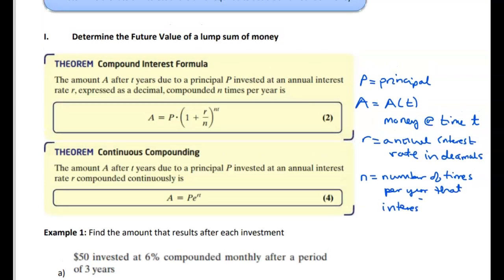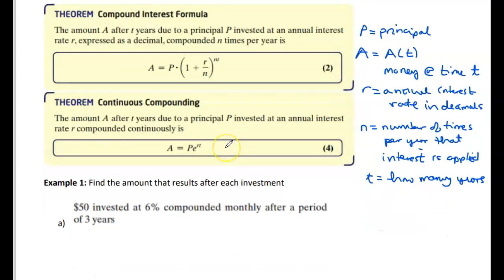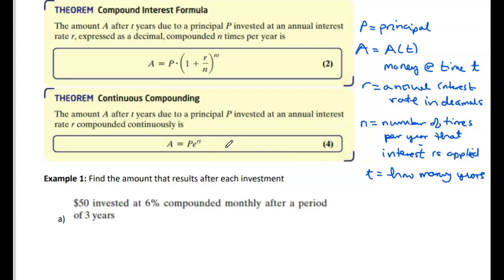Interest being compounded means it's applied to the sum. And T is how many years your investment or your loan is occurring over.